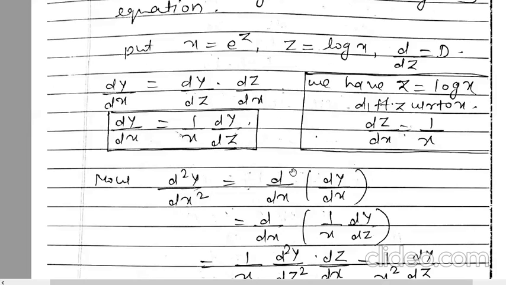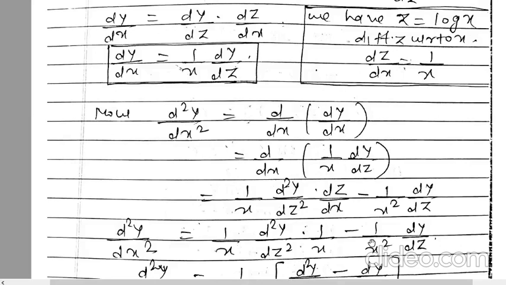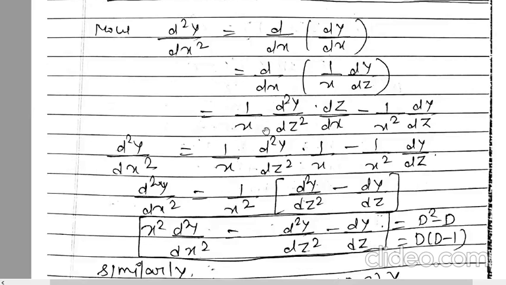So you can write d^2y upon dx^2 as d upon dx into dy upon dx. So dy upon dx is 1 by x dy upon dz. So just write here 1 by x d^2y upon dx^2, d upon dx of 1 upon x into dy upon dz.